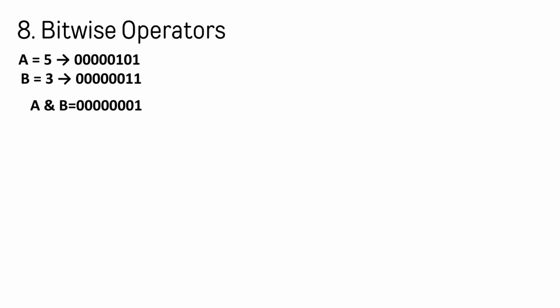The bitwise operator actually works in low level programming. Now we will see how bitwise operators work. Here at first we take a = 5 and b = 3. So the binary equivalent of a = 5 is here, and the binary equivalent of b = 3 is here. If we perform the bitwise AND operation, it will generate output 1. How will we get that? We just look at each corresponding bit of a and each corresponding bit of b.